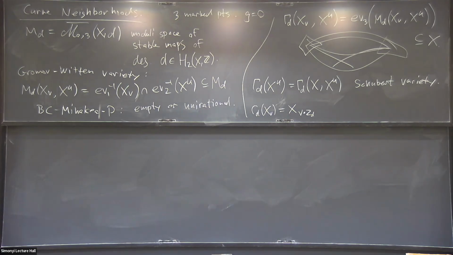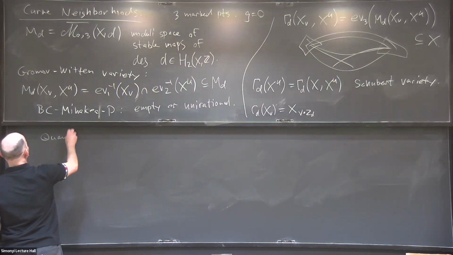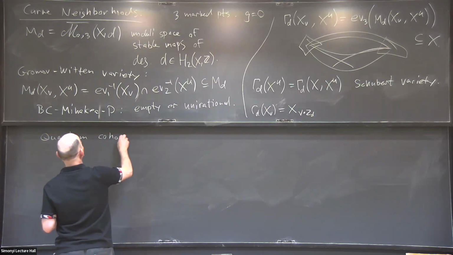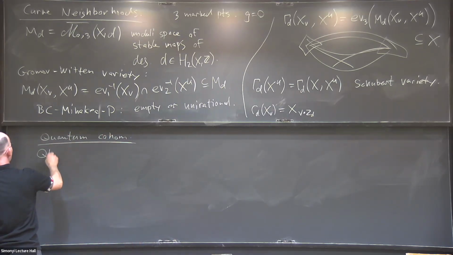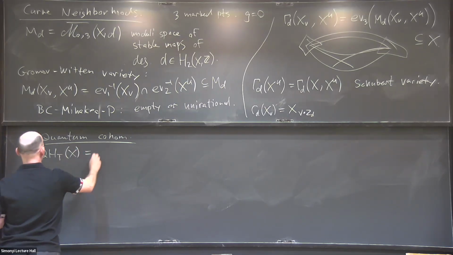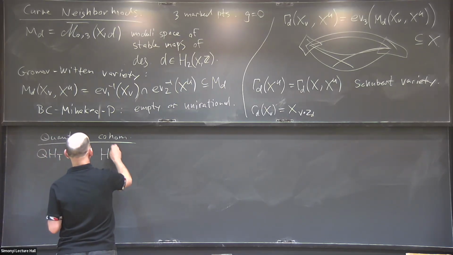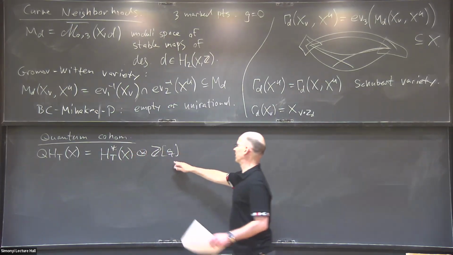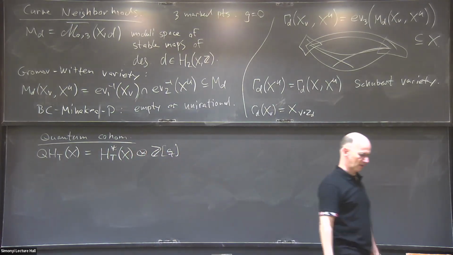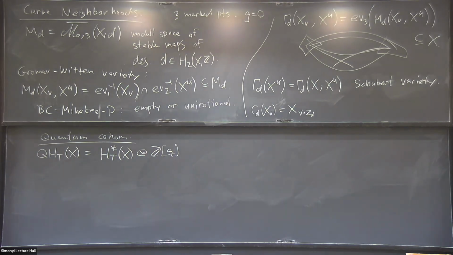All right, let's see. Yeah, this is related to quantum cohomology. So the equivariant quantum cohomology ring of X, well, that's just the ordinary equivariant cohomology ring, and then we tensor with a polynomial ring in at least one parameter Q, maybe several. This ZQ is just a semigroup ring of the effective curve classes.